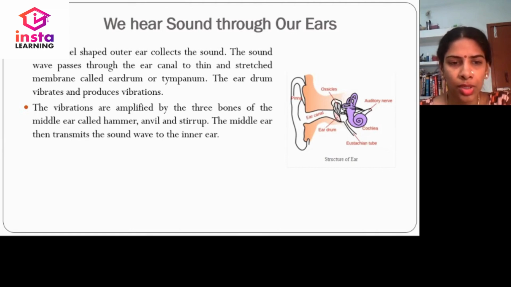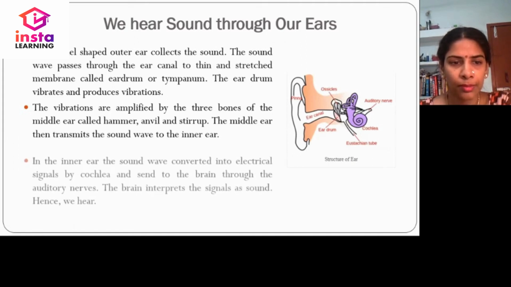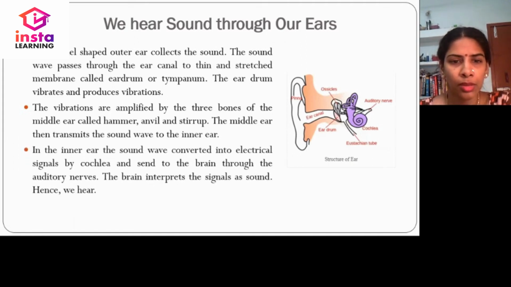The middle ear then transmits the sound wave to the inner ear. In the inner ear, the sound wave gets converted into electrical signals by the cochlea and is sent to the brain through the auditory nerves. The brain interprets the signals as sound.